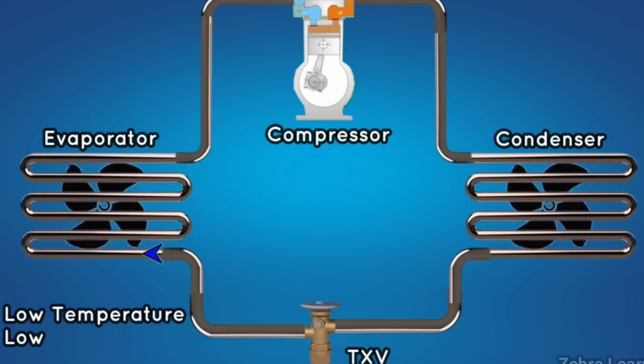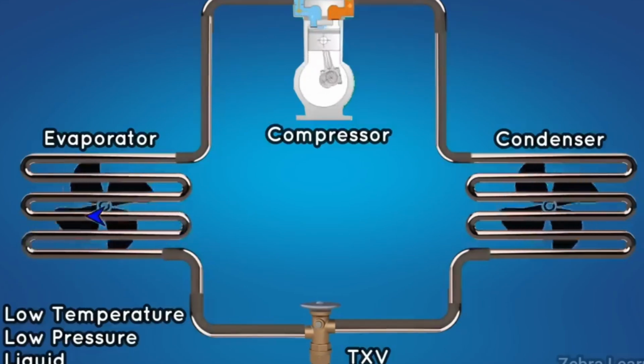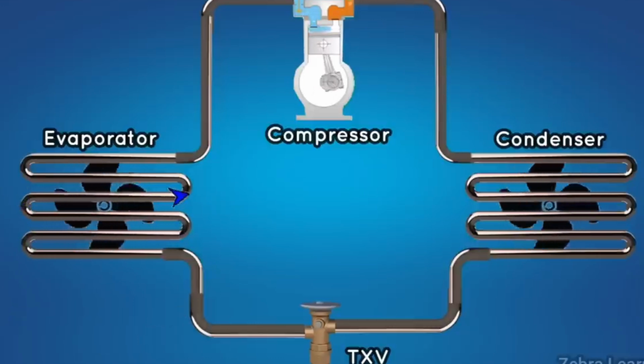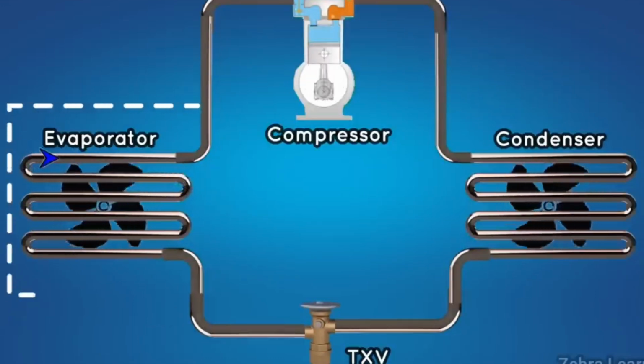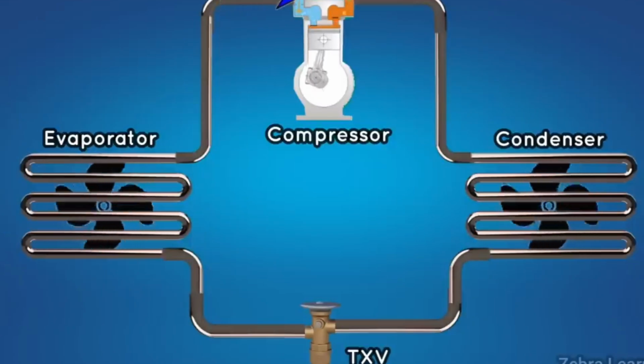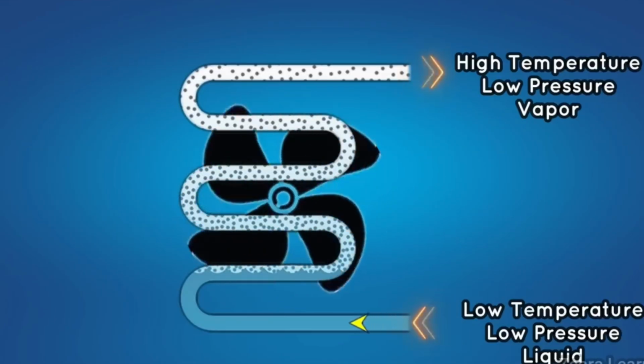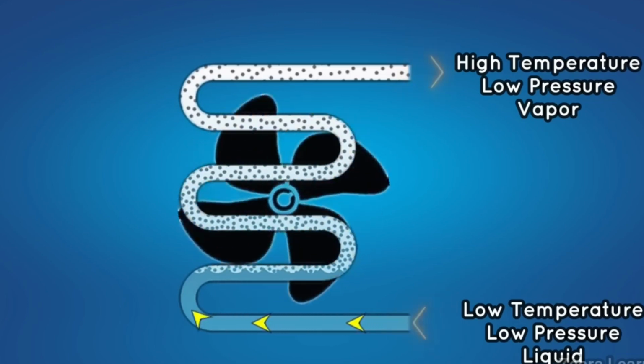The refrigerant that comes out of the expansion valve at low temperature, low pressure, and liquid state then goes inside the evaporator. This evaporator is another heat exchanger in the refrigeration cycle. Refrigerant enters it at low temperature, low pressure, and liquid state.